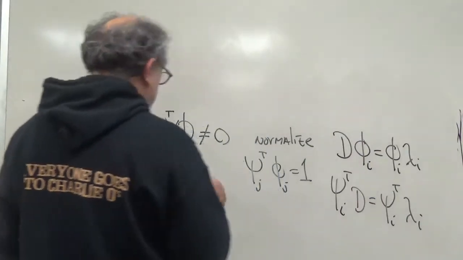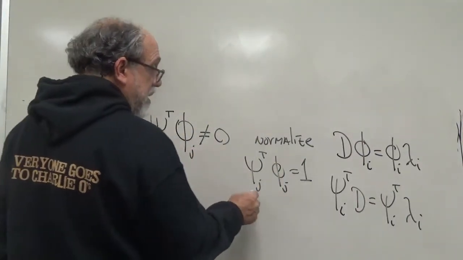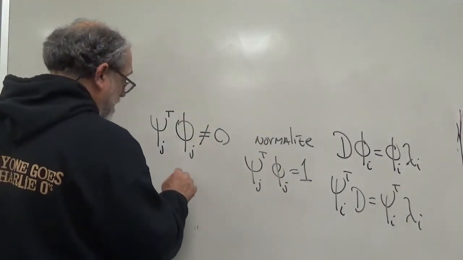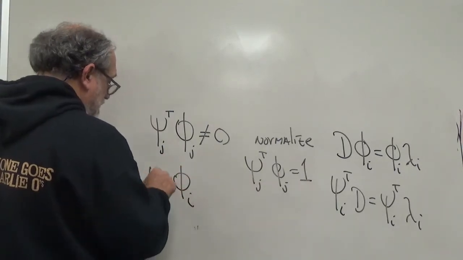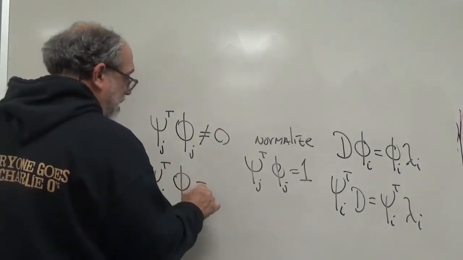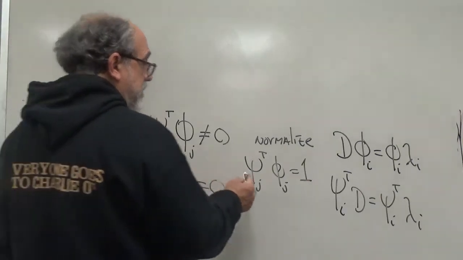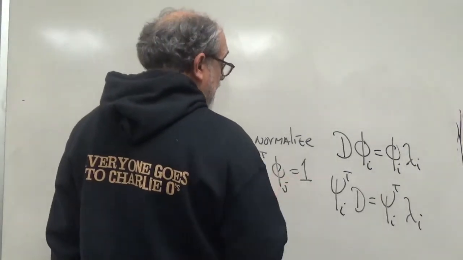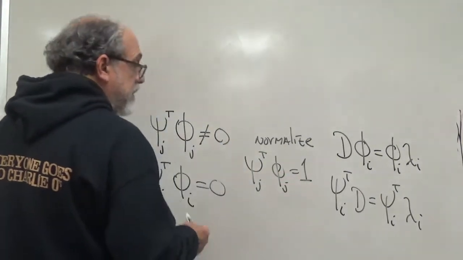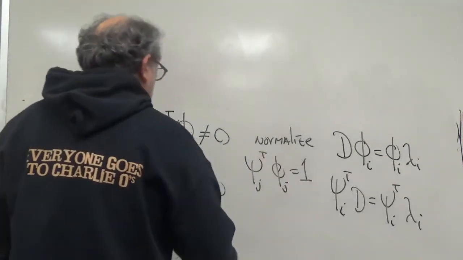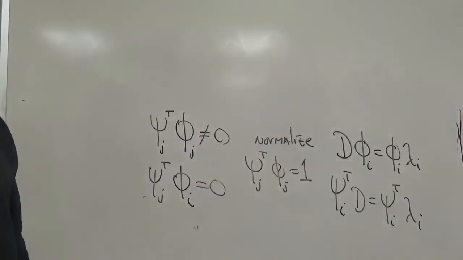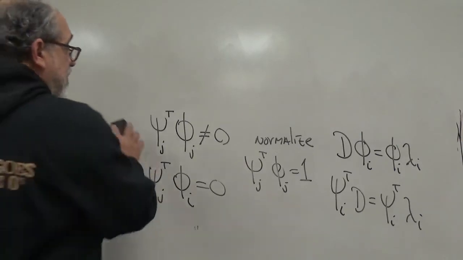And we know that the right side times the left side is 0, except when they have the same index, and they can be normalized to 1 if we want to. Now we are all set to introduce the method of deflation.